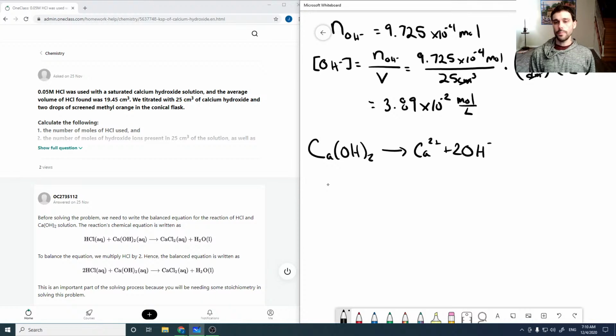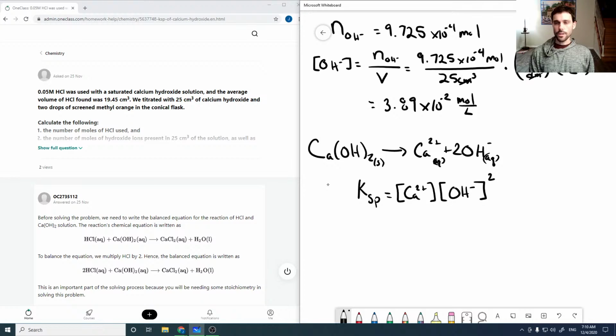Okay, so our KSP, also that's solid, and these are aqueous. So our KSP is just going to be our concentration of calcium 2 plus times our concentration of OH minus squared because of the 2.